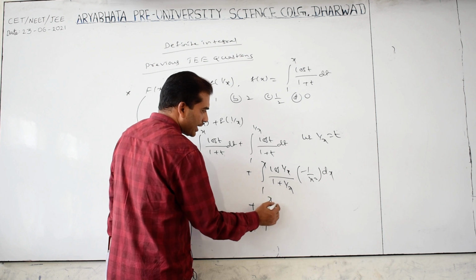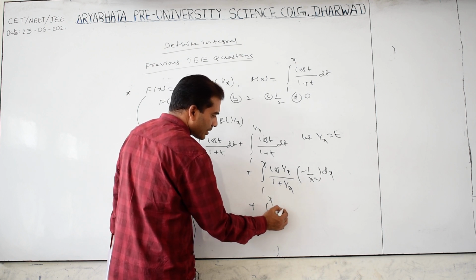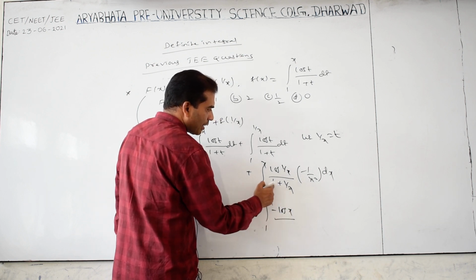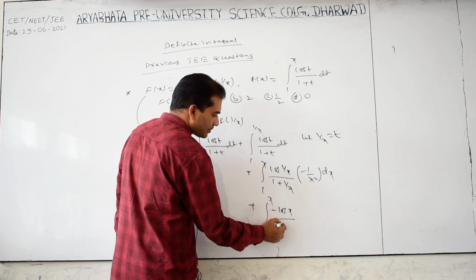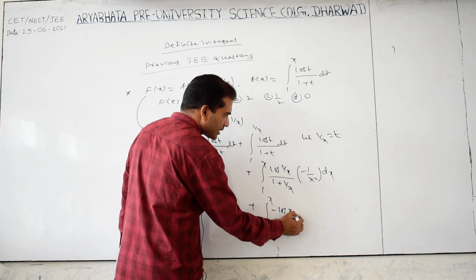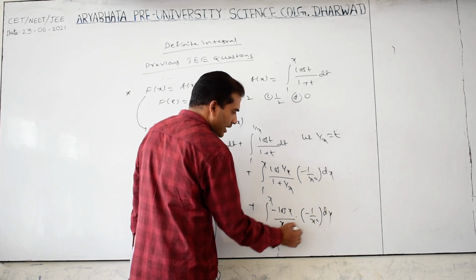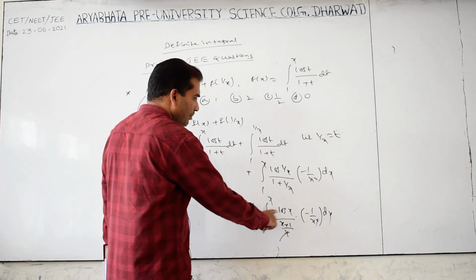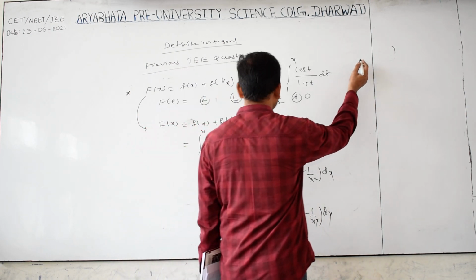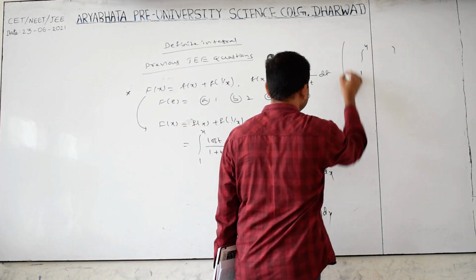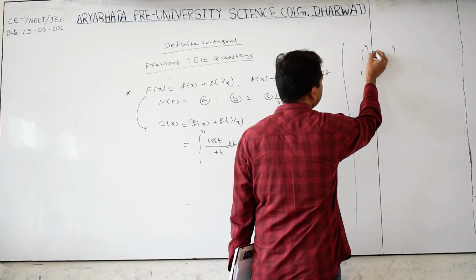This is minus log of 1 by x, minus log x by 1 plus x, plus 1 by x into minus 1 by x square dx, this gets cancelled, minus minus plus, integration of 1 to x log t by 1 plus t dt.